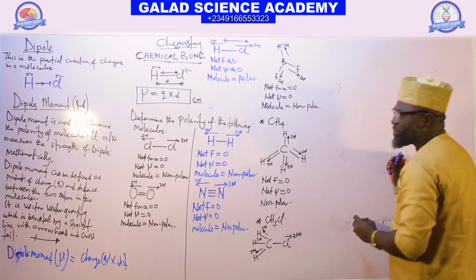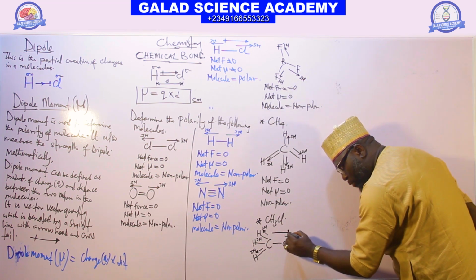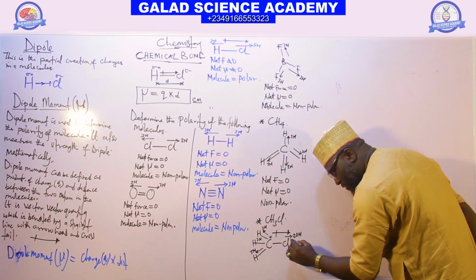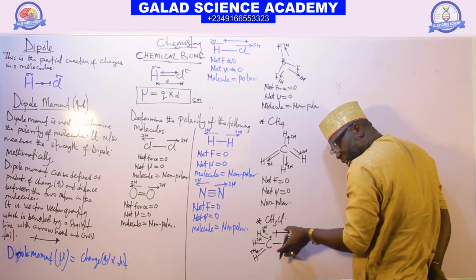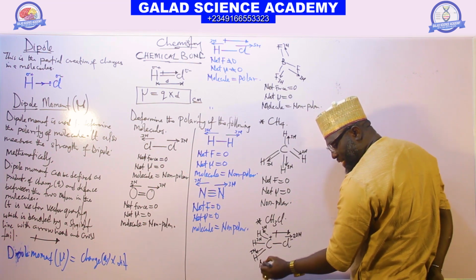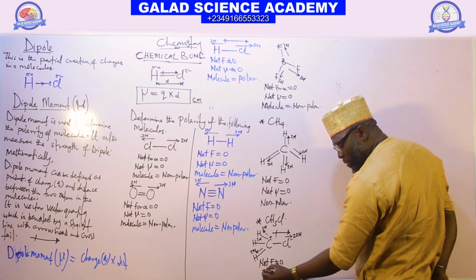You will observe that the direction of dipole will face this side, and this place will become positive charge. Here we have negative charge. The chlorine is more negative than this one. We now call it net dipole. Net force is not equal to 0.